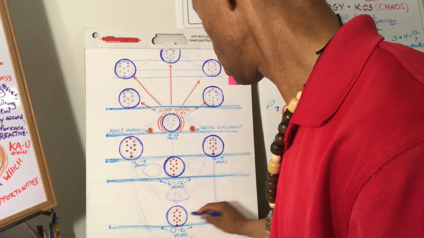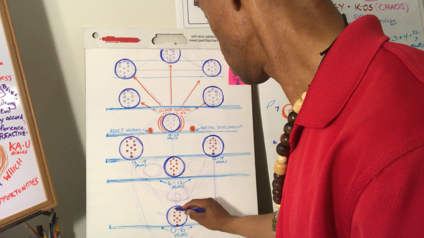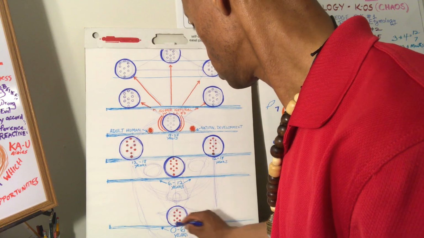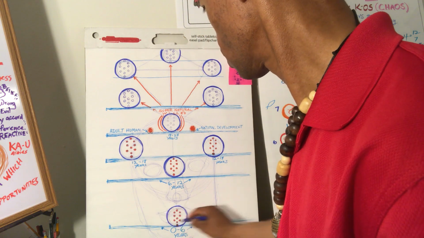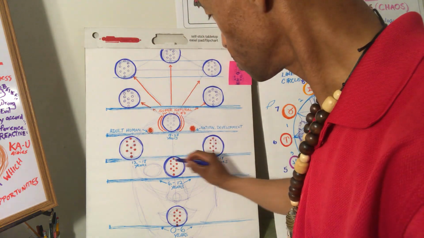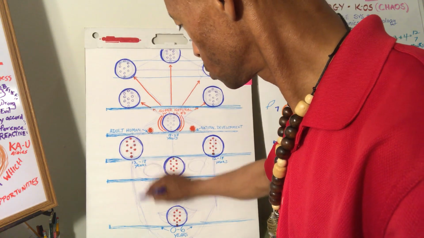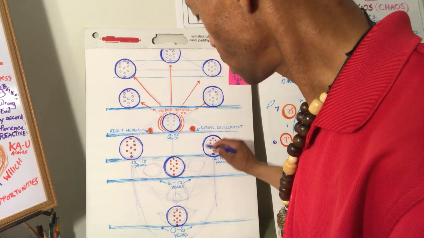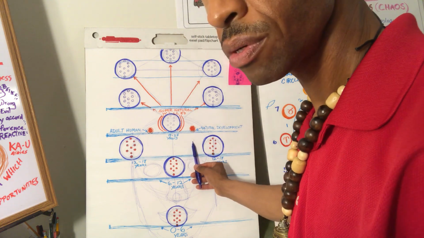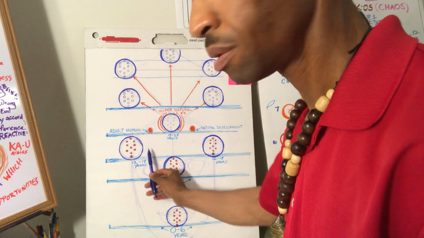All right. This is the Vesica Pisces. Okay. All right. So within the frontal lobe, we have the right hemisphere, and then we have the left hemisphere.